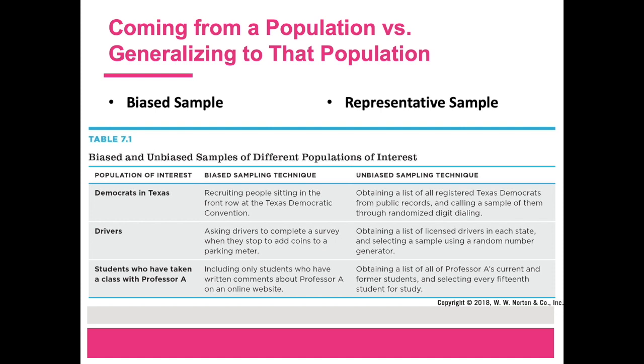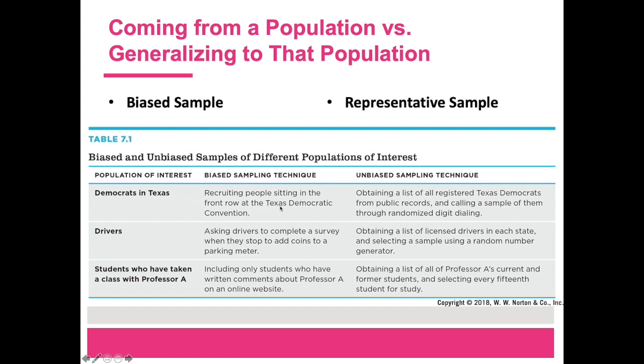So when it comes to picking a sample from these populations, consider a few of these examples. If our population of interest is Democrats in Texas, a biased sampling technique would be recruiting people sitting in the front row at the Texas Democratic Convention. Now be thinking, why would that be biased?